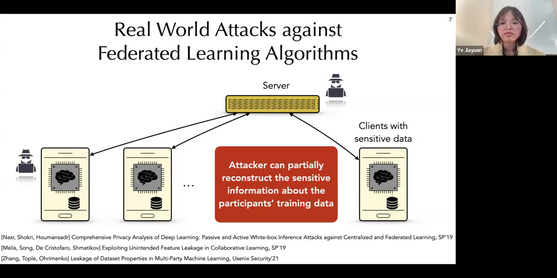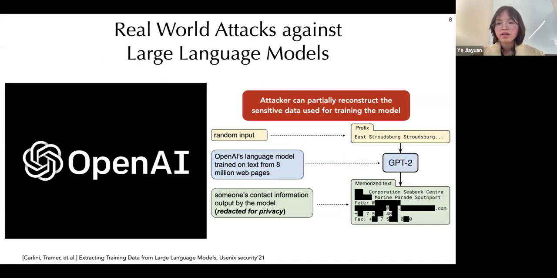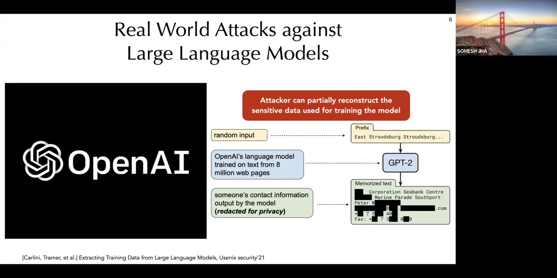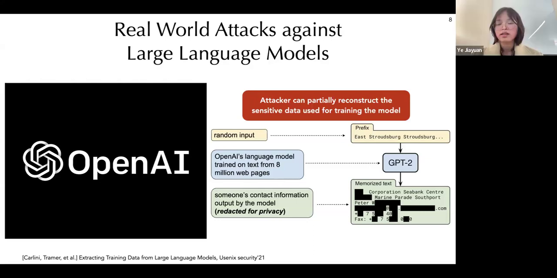And this may not seem very severe, but building on these kinds of ideas for inferring membership, people later have designed strong reconstruction attacks where, given a prefix of some data, the adversary can partially reconstruct the sensitive data following this prefix that are used in training.